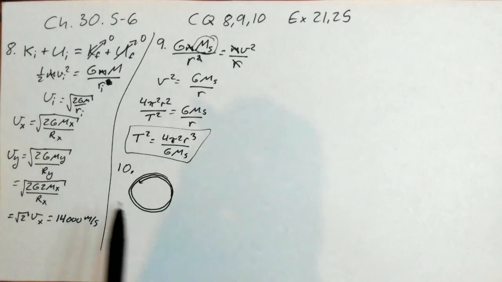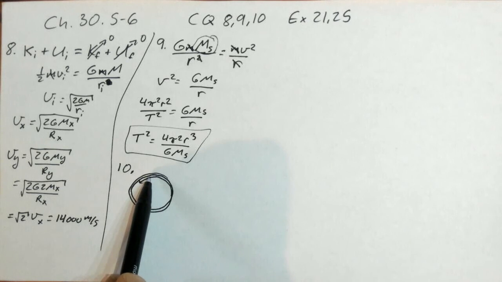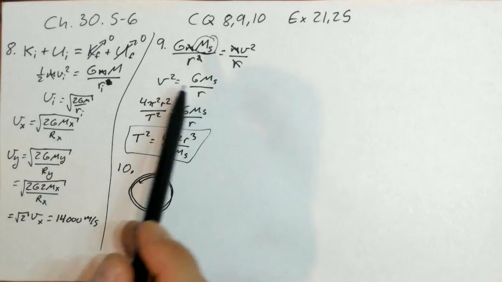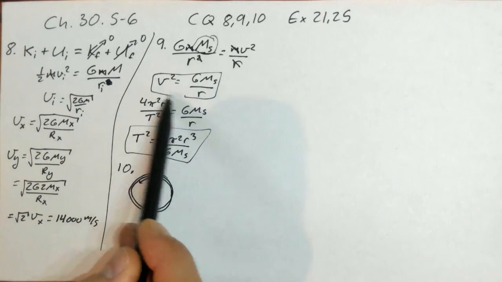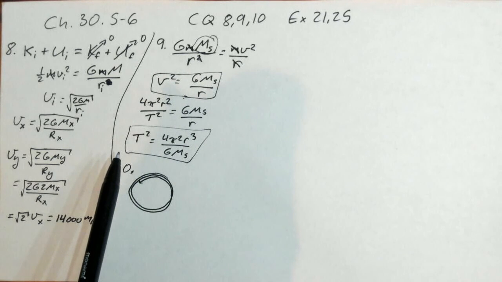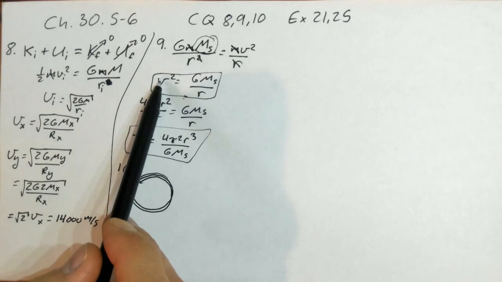Now, what happens is that you're being pushed into lower orbits, which, if we recognize how velocity is related to the radius for circular orbits, as the radius gets smaller, the orbital speed gets bigger.